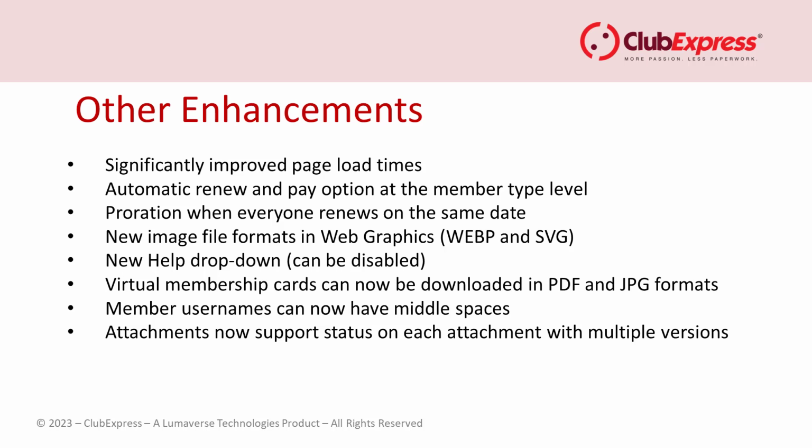We have some new options. I can't actually show you those because we would need to have a credit card defined on these demo clubs, a merchant account. But we have a new option with member types, where you can configure a member type to allow members, when they select that type, to optionally say, I want automatic renewal and payment. Or to say, no, I don't want that.